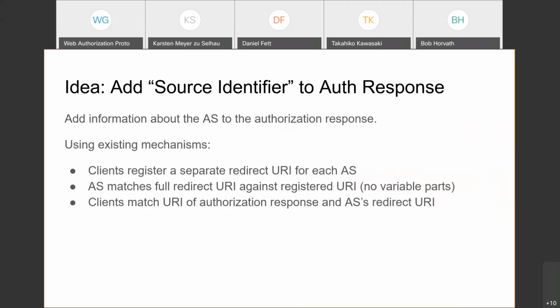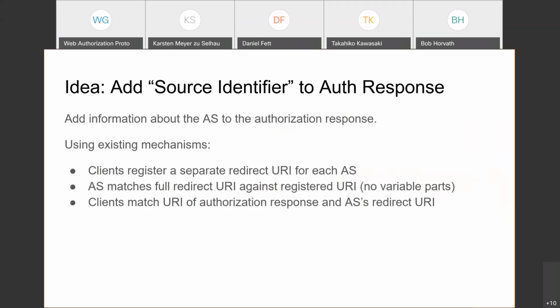So there are no variable paths. If there would be variable paths, this might undermine the protection because the redirect URIs for each of the separate AS might just differ in a URI parameter, for example. And then in the last step, the client matches the redirect URI where it received the authorization response with the redirect URI it has created for the authorization server it expected would be used in that flow.